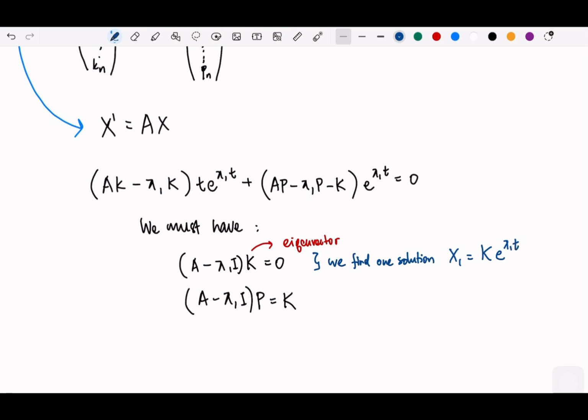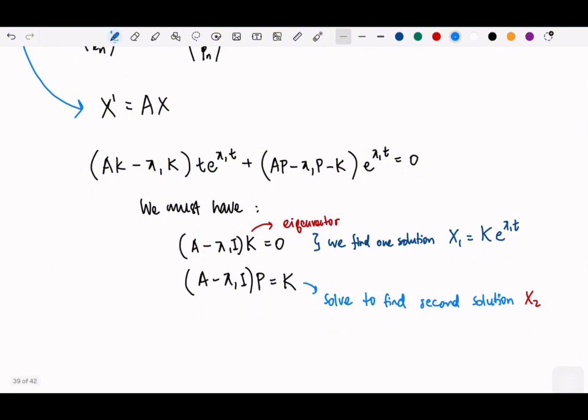And then to solve for P to find the second solution x2.